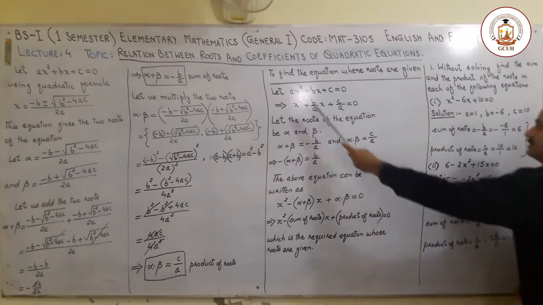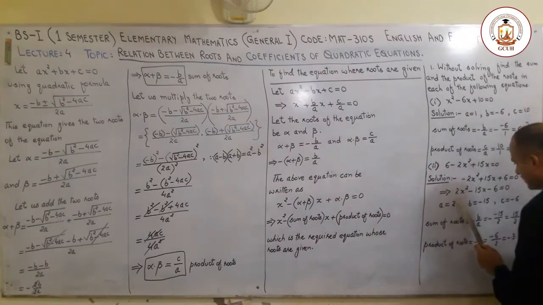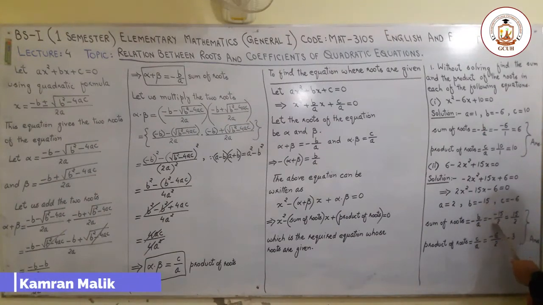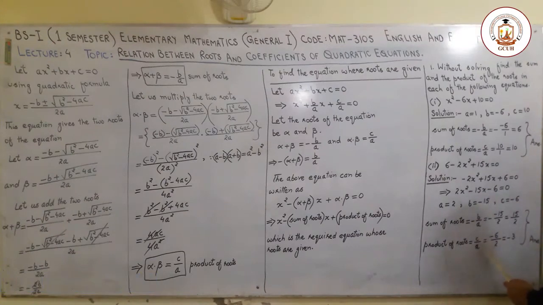So the values of a, b, c here are 2, minus 15, minus 6, and the formulas of sum of roots and product of roots are written here, which are minus b upon a and c upon a. Substituting their respective values in these formulas, minus times minus 15 upon 2, and the value of c is minus 6 upon 2, and then further simplify, minus minus plus.